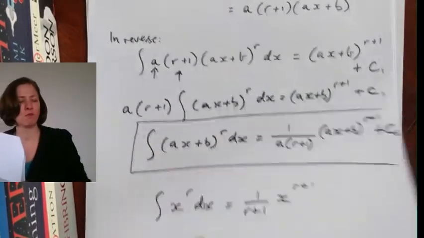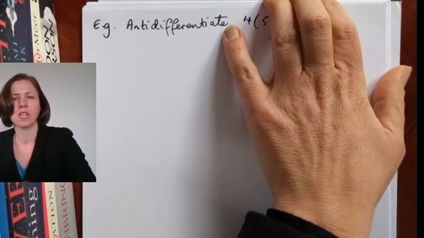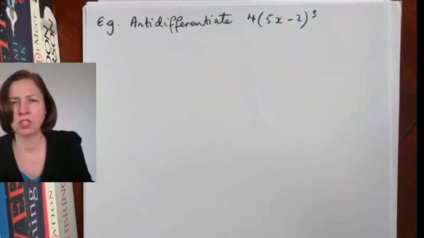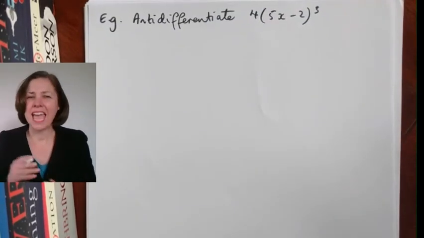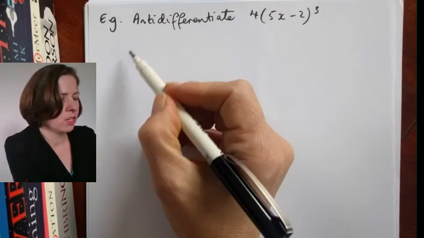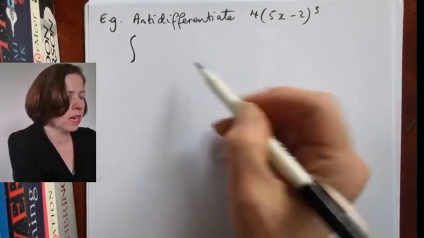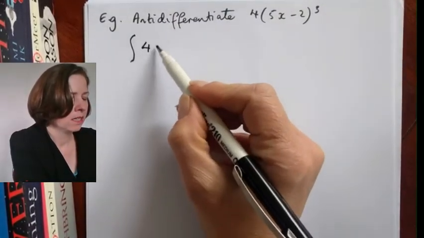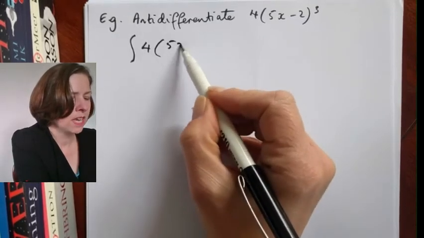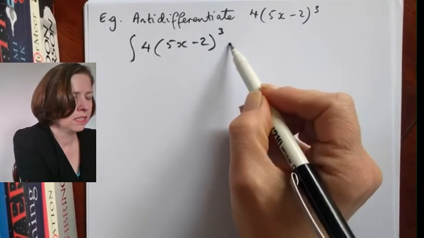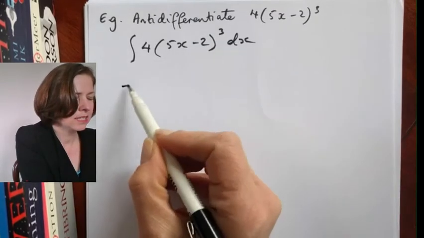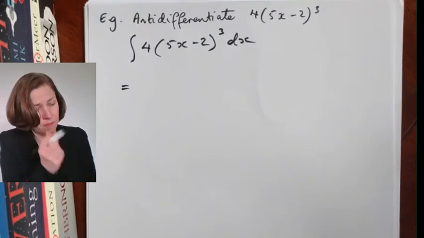I'm going to write it on a separate page. 4 times 5x minus 2 all cubed. So to anti-differentiate, I need to remember my notation. I need the integral sign, and then I write my expression 5x minus 2 all cubed dx, and that's going to be, so let's remember my rule.